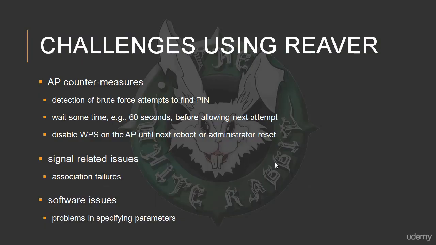Last but not least, the reaver software has some issues. So in the version that we were using that came with Kali Linux, one of the 2017 builds of Kali Linux, there were problems in specifying the parameters.